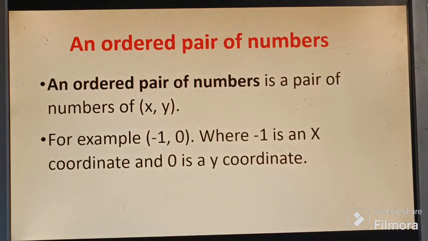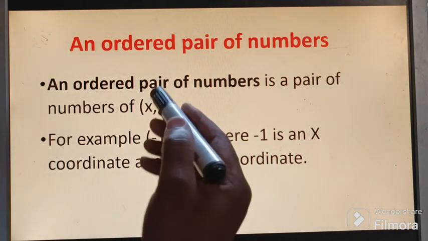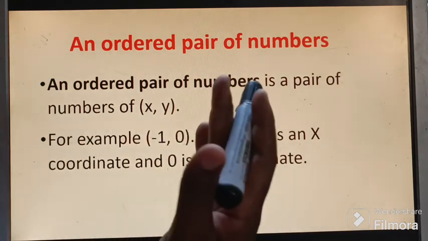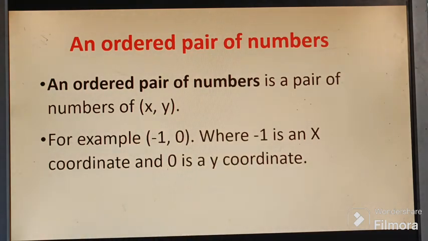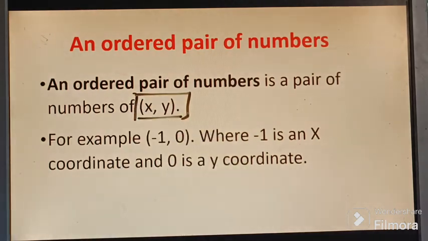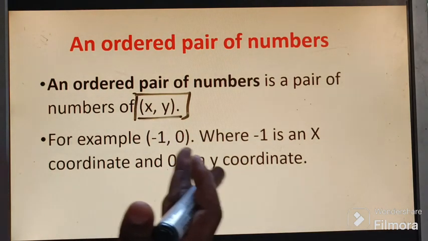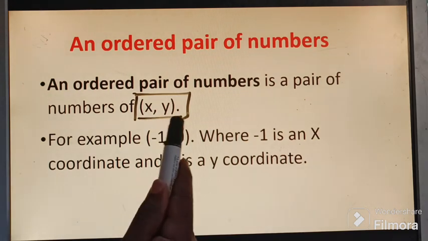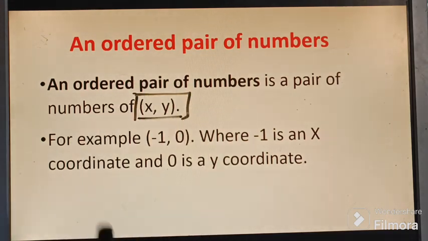Another term that we will come across as we are learning mapping and functions is an ordered pair of numbers. What does this mean? An ordered pair of numbers is a pair of numbers expressed this way.